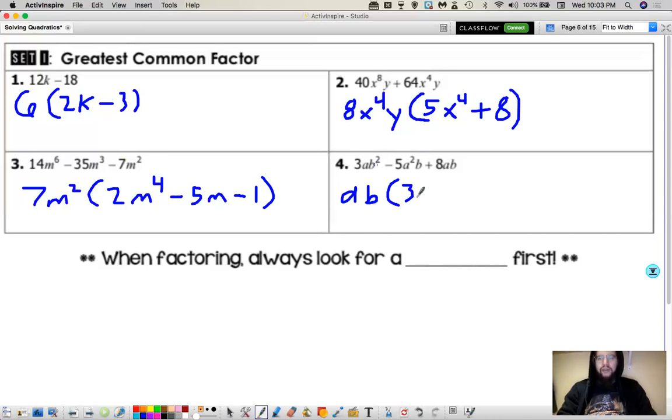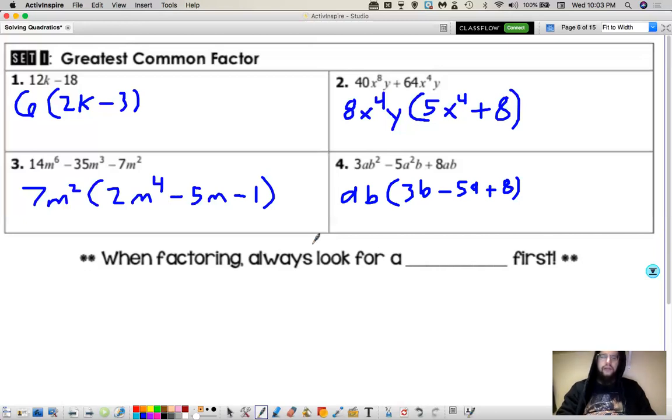B squared divided by B is B. Didn't mess with the numbers, so that's still a 5. A plus 8. Didn't mess with the numbers, and AB divided by AB is 1. Okay, that's GCF.